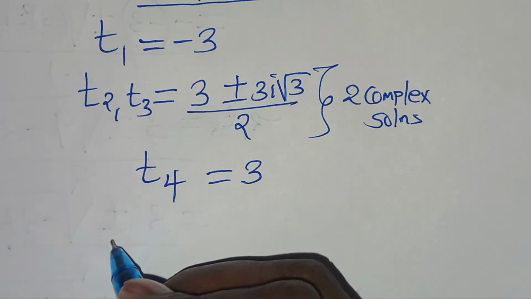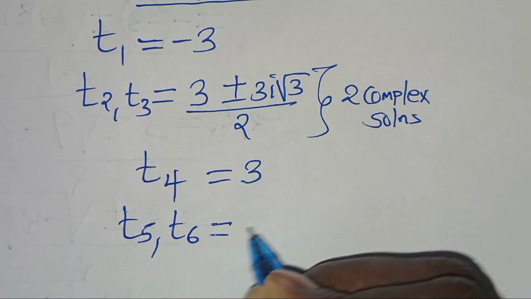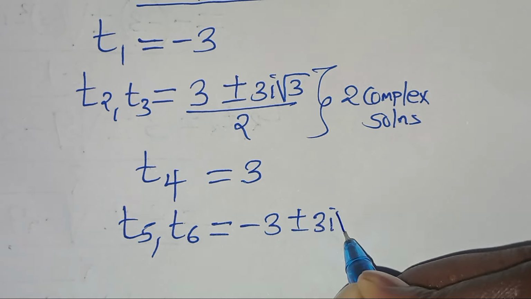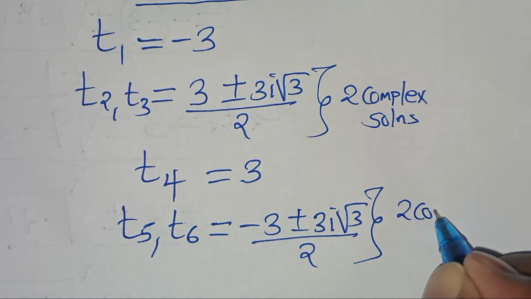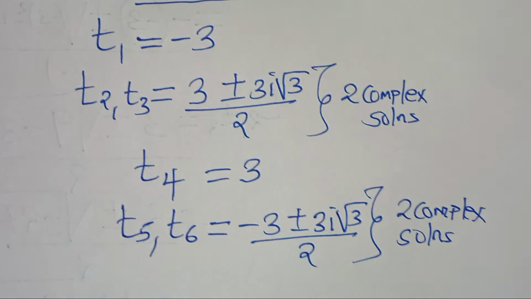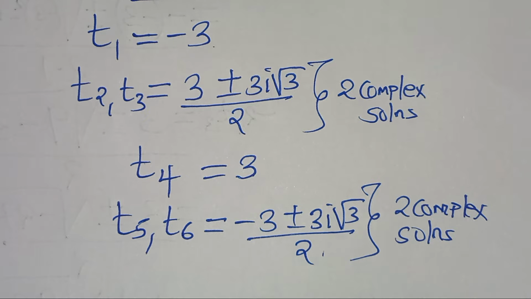Then we have t5, t6, and this is equal to minus 3 plus or minus 3i square root of 3 over 2. These again are two complex solutions in case 2. So in total we have 4 complex solutions and only 2 real solutions here.